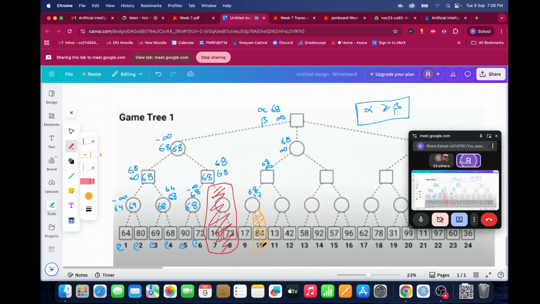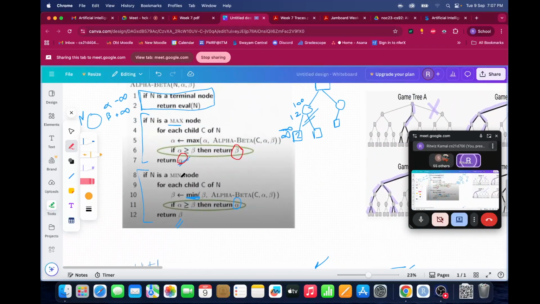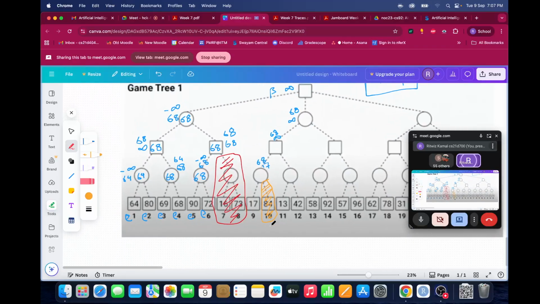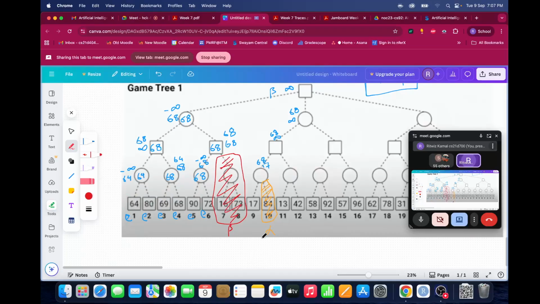Is this a beta cutoff or an alpha cutoff? Alpha cutoff, because the node being considered was a min node, and if you look at the pseudocode, for a min node, if alpha is greater than or equal to beta, then return alpha, so it is an alpha cutoff; otherwise return beta. So this is an alpha cutoff and this was a beta cutoff.